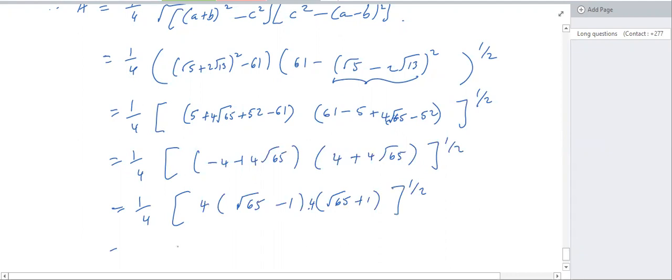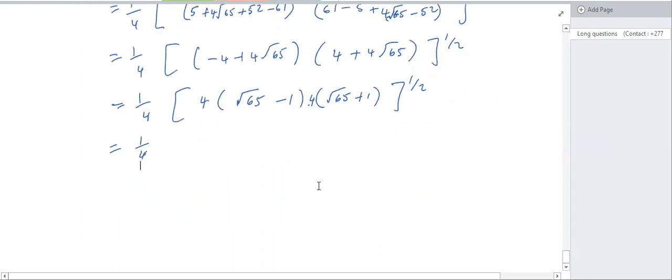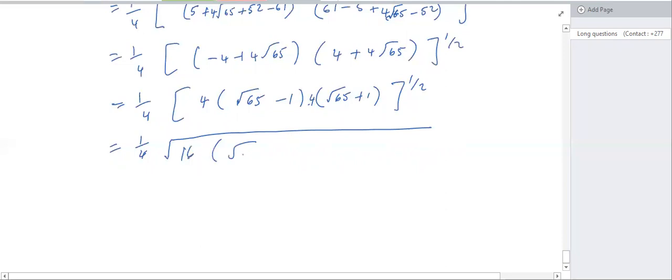Now we can write it as quarter into square root of 4 times 4 is 16, into square root of 65 minus 1, times square root of 65 plus 1, which is 65 minus 1, which is 64.